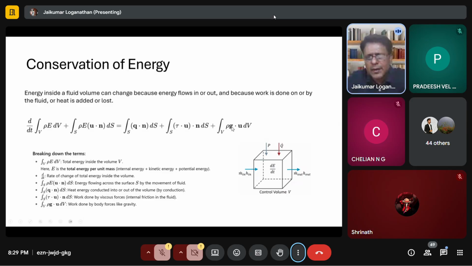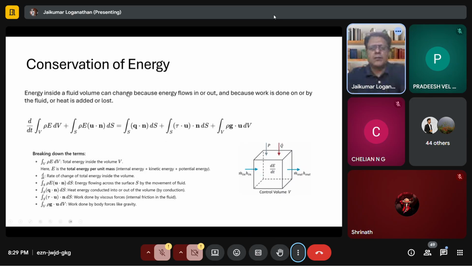Similarly, when you multiply gravity by u, it becomes the work done by gravity, right? So the time rate of change of energy in a volume along with the convected energy, the heat coming through the surface, the work done by the shear stress and the work done by the gravity, right? This is the conservation of energy.